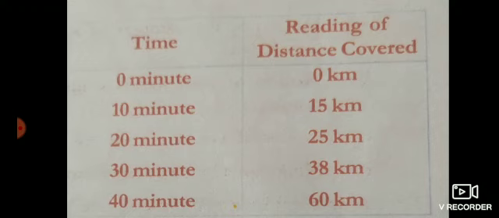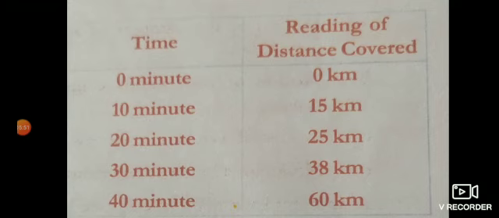In next 10 minutes it has increased by 10 kilometers. And next 10, the difference here is 13 kilometer. And in the next 10 minutes here the difference is, if you subtract 38 from 60, you can get the correct distance, that is 22 kilometer.